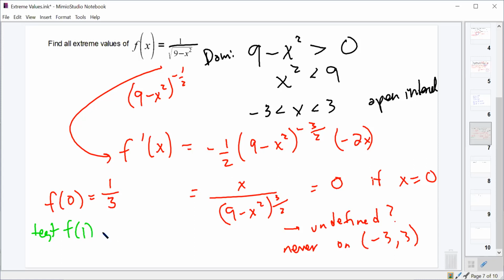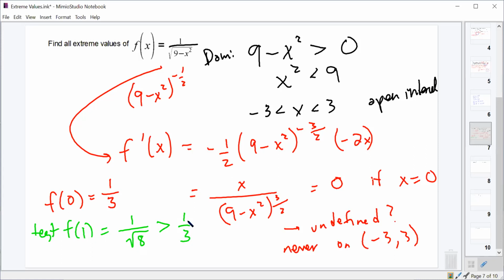If we plug in 1, what do we end up with? 1 over the square root of 8. Which of those is larger, 1/3 or 1 over the square root of 8? 1 over the square root of 8 is greater than 1/3.